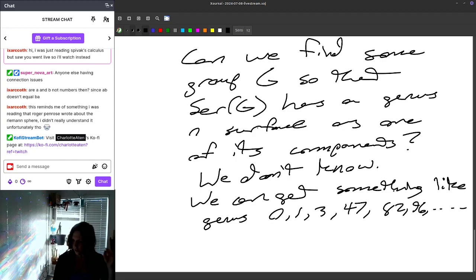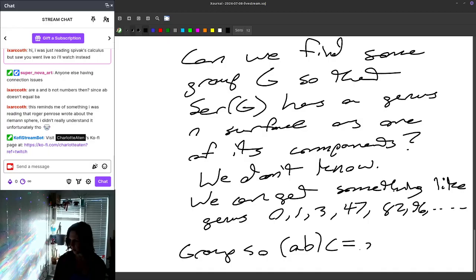So as it turns out, one part of this that makes it really hard is that if it's going to be a group, it has to be associative. That's part of what it means for it to be a group. So A times B times C has to be the same thing as A times B times C, grouped either way.